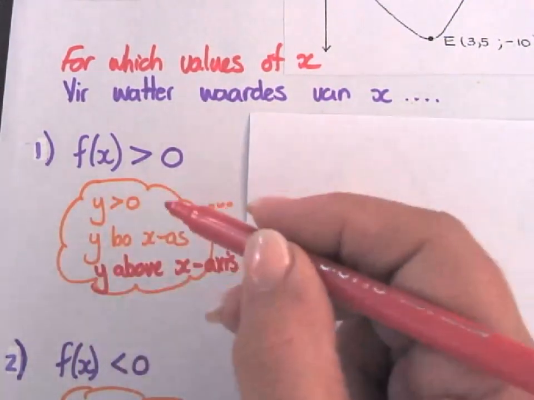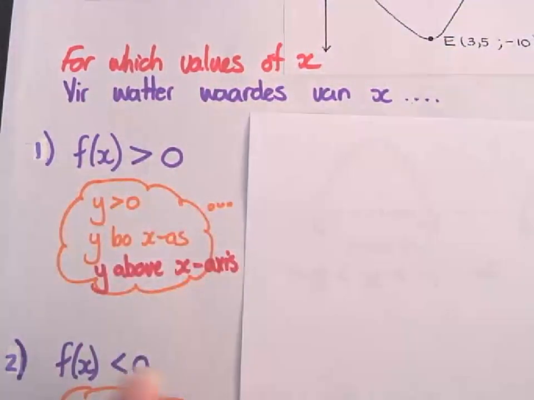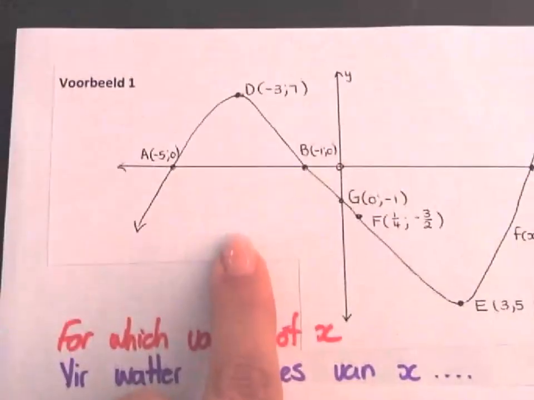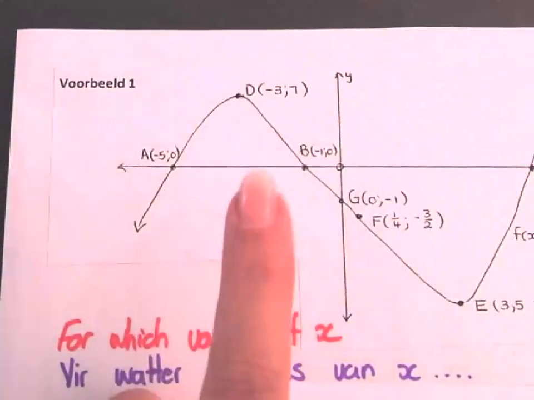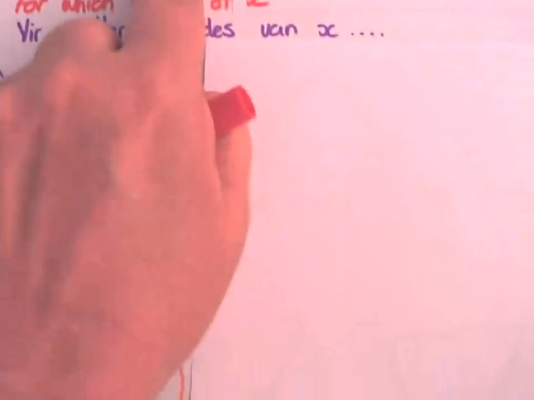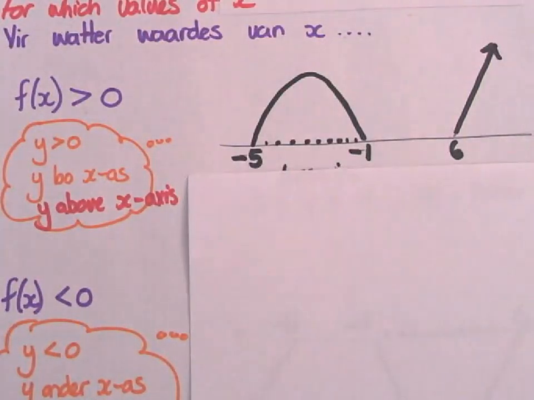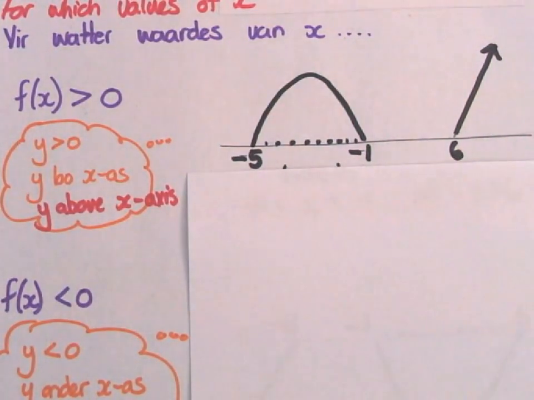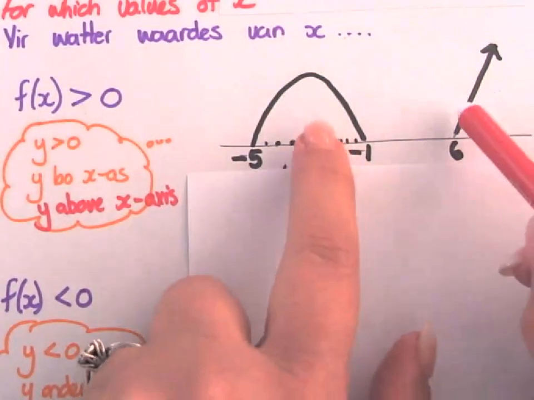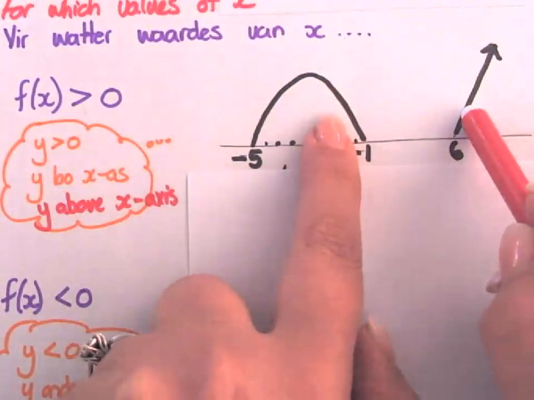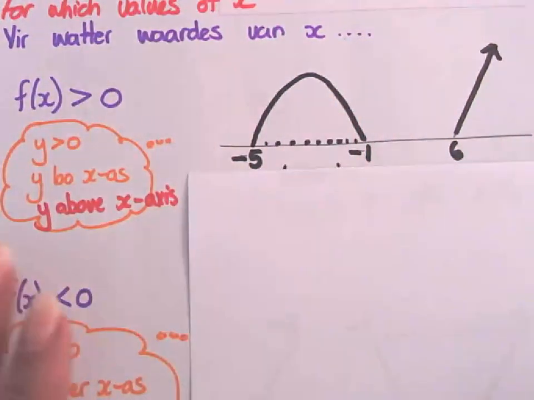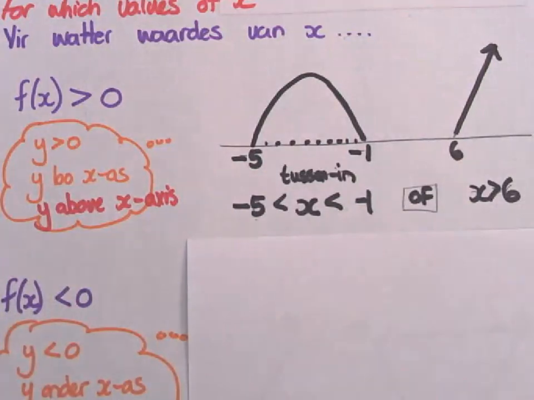That's what you need to think. Okay. I drew this one where the y is above the x-axis. So we have that. That's the only place where the y is above the x-axis. Now, because there are two parts, your answer must have an or.